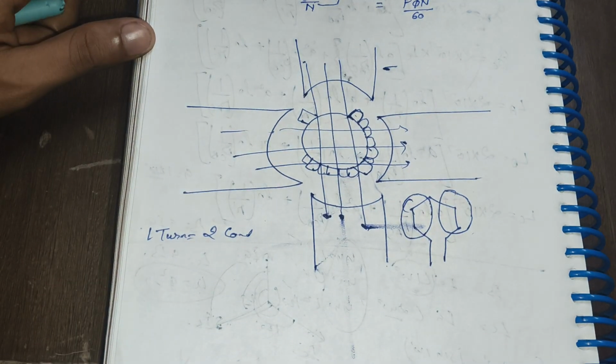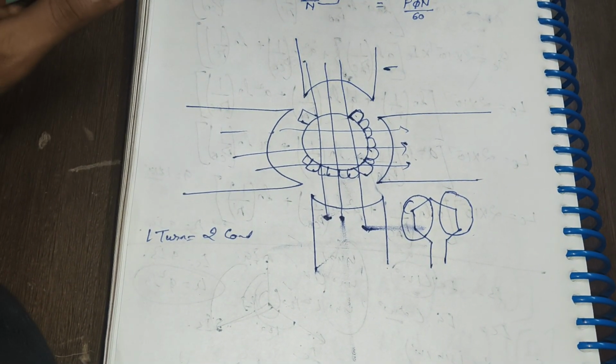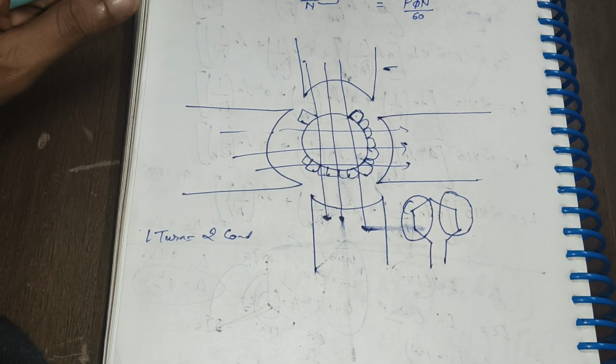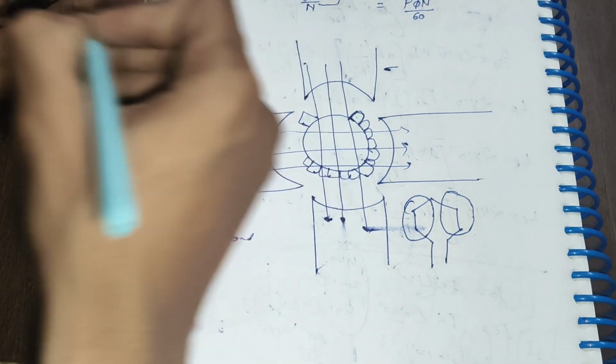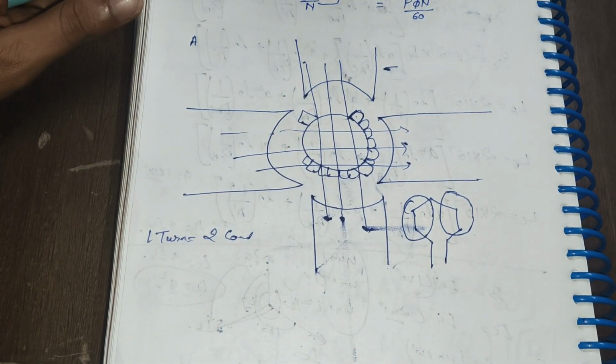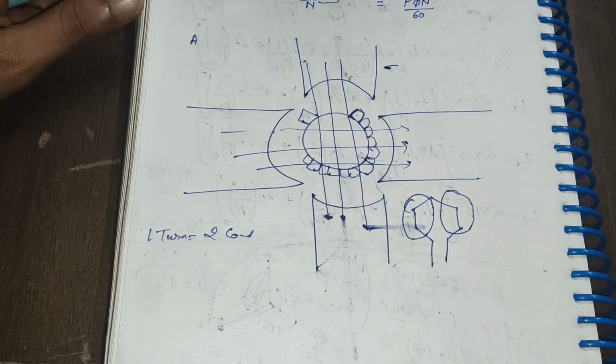The winding is so designed that particular conductors come into a separate parallel path that is defined by A. So the number of conductors per parallel path will define the EMF induced per pole, per conductor, per parallel path.